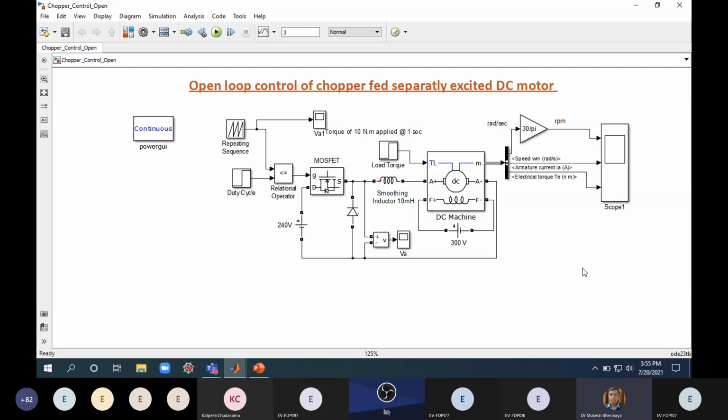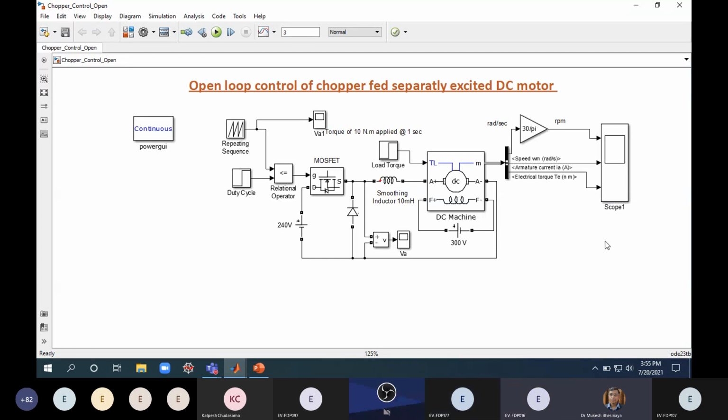I will quickly go through those configurations as well. Like you must have studied about class A, class B, class C, class D, and all these choppers. Single quadrant chopper, 2 quadrant chopper, or a 4 quadrant chopper. So these bridge inverters or 4 quadrant choppers are widely used in many of the EV applications.